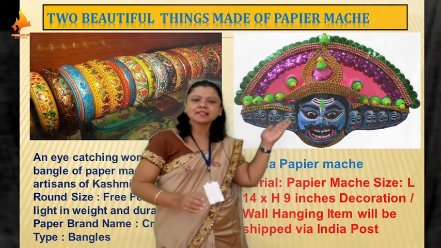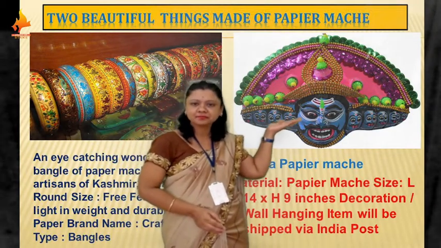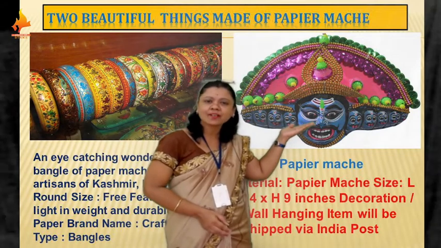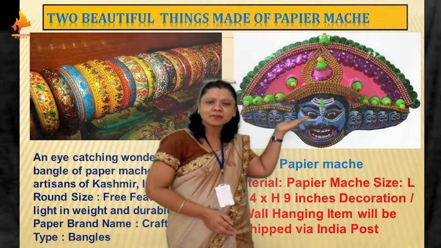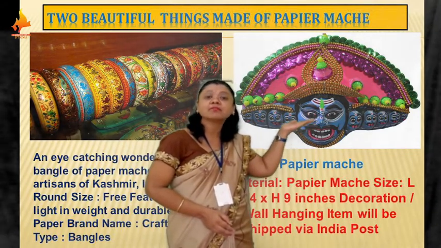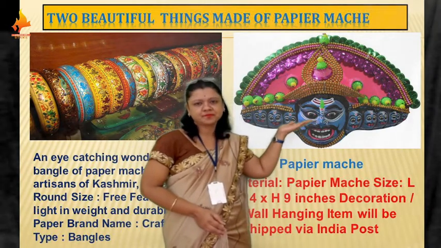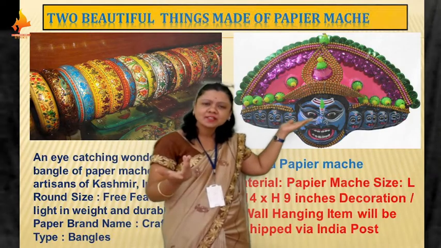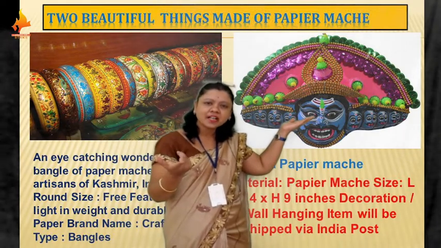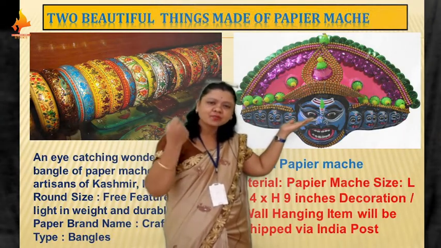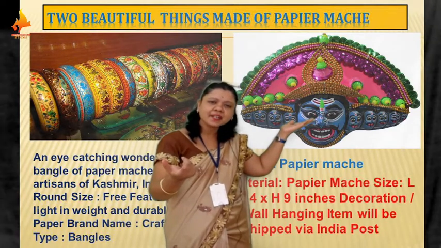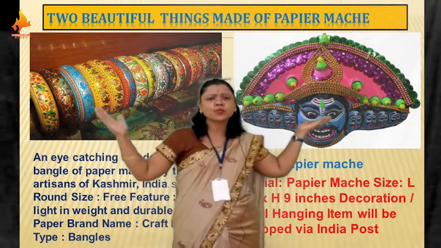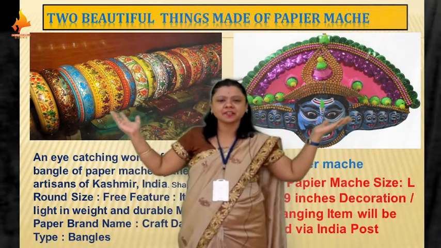And this side, this is a mask, right? We can't believe it, but the mask is made of paper. See here, nothing but creativity. We just have to use our ideas, thoughts, imagination. We can create anything.